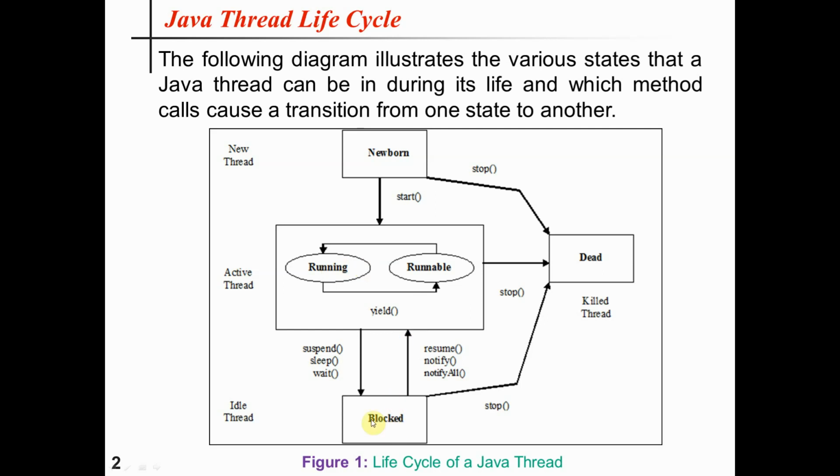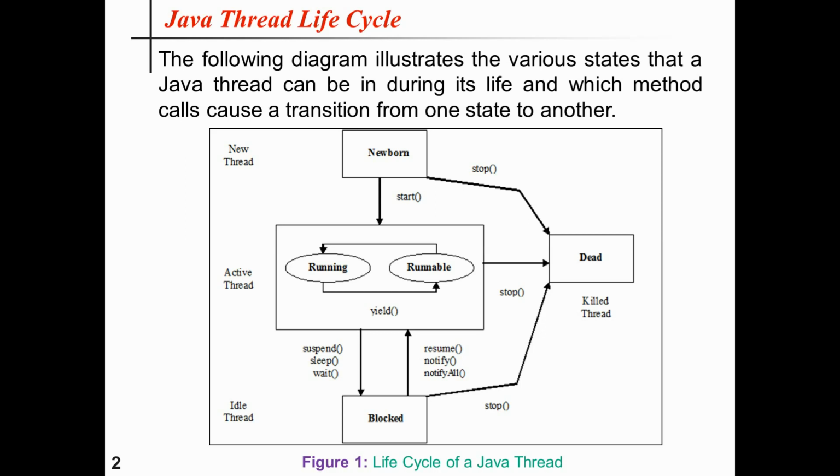I will be describing each one of them one by one, and finally we will have a dead state. So in that sense, we have 5 different states in a Java thread in terms of its lifetime.